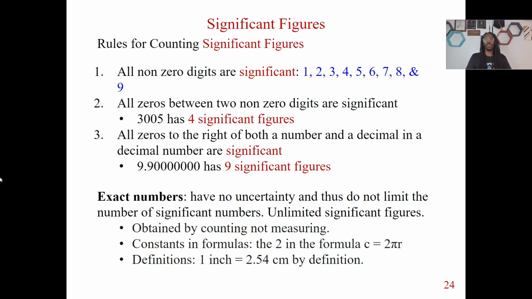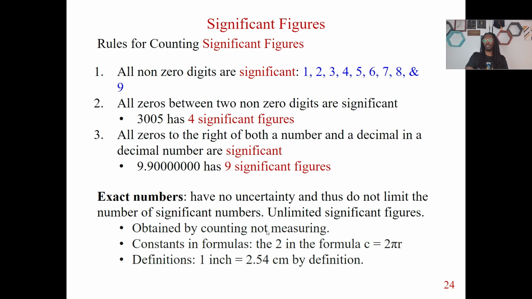Exact numbers have no uncertainty and thus do not limit the number of significant figures. Unlimited significant figures. That's how we have to think about exact numbers. So usually the things that fall in place for exact numbers, okay, usually if you're counting, so you're not measuring, okay, so basically, Elmo, whenever he's counting 1, 2, 3, those are exact numbers.